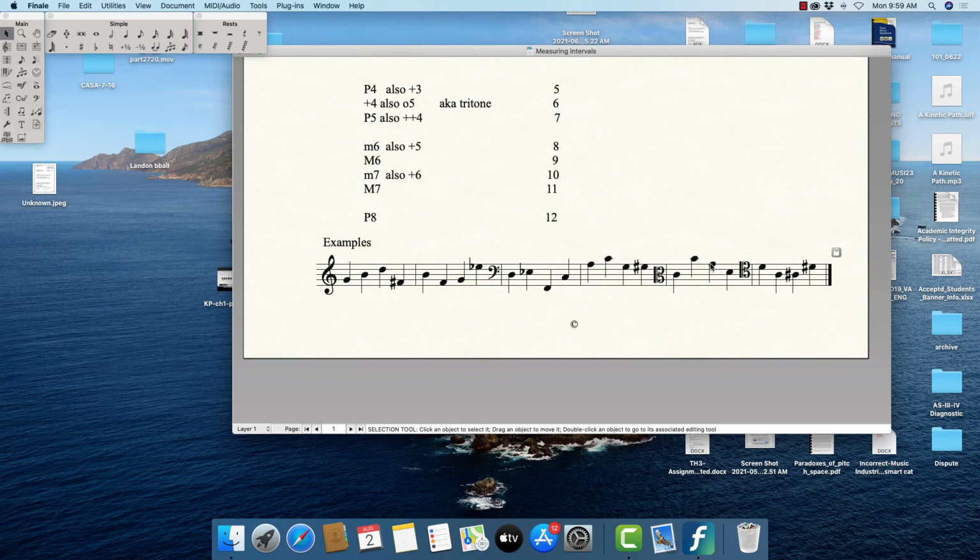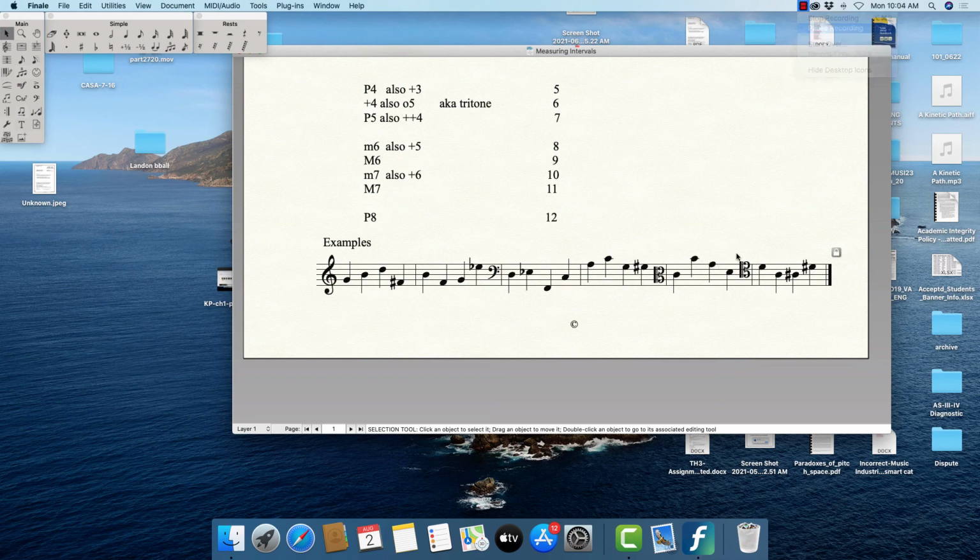So this would be a major 3rd. And then this one would be D to G. The key of D would have G in it, so this would be a perfect 4th. So major 7th, major 3rd, perfect 4th.